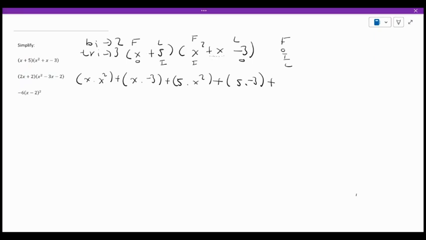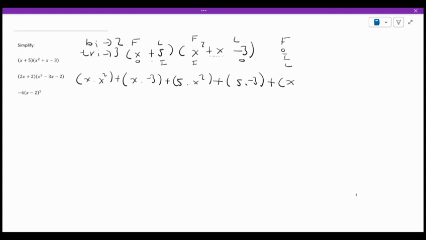If you look here, this x times with this x squared, this x times with that negative 3, but it hasn't been multiplied with this x. We haven't multiplied it with this x yet, so we have to do that. That's what I'm saying. We have to cater for this x in the middle.